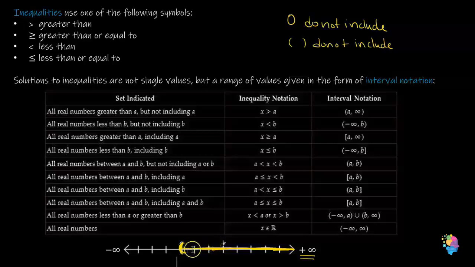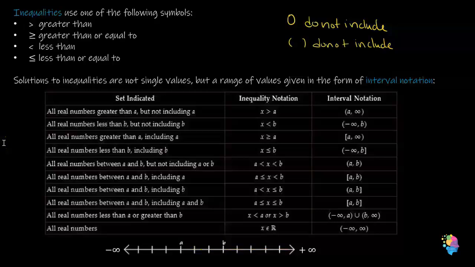So since this one means that you want all the numbers greater than A but not including A, we are shading all the way from A to positive infinity, but we're not including A, so we put a parentheses. So that's what this one means, that you want all the values from A all the way to infinity, but you don't want to include A, so we place a parentheses. Make sure that you know that infinity will always take parentheses regardless if you are or you are not including the number.